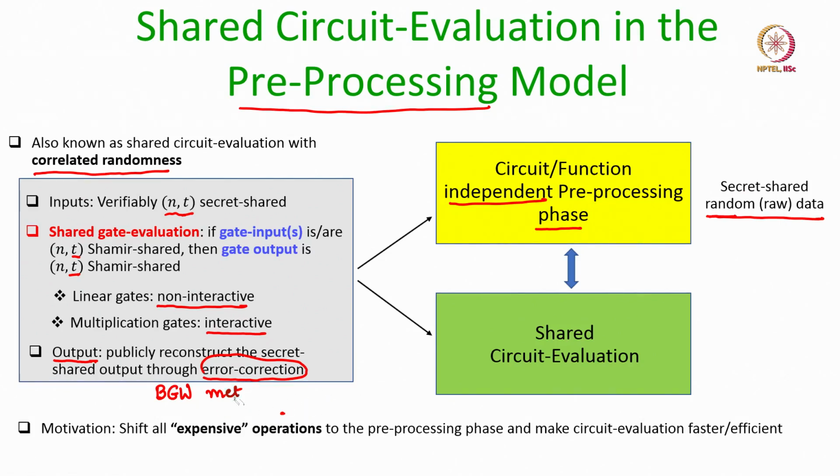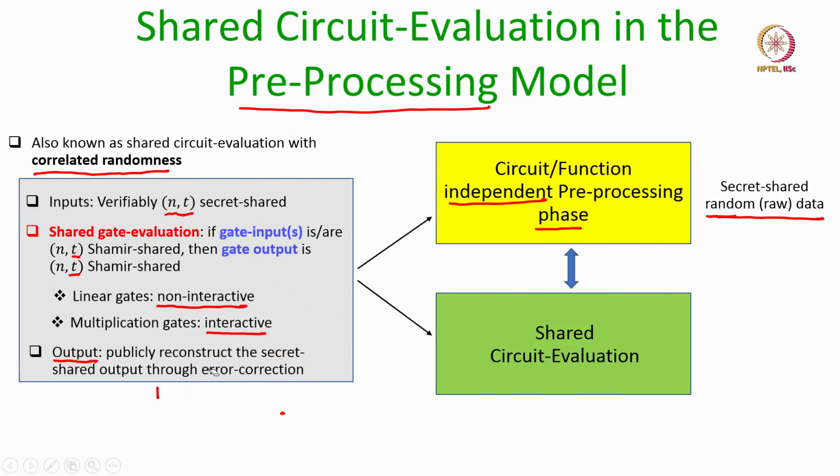And later, when the inputs for the function are available and they are secret shared, then the parties can evaluate the circuit by utilizing the secret shared random data which they had generated in the pre-processing phase.